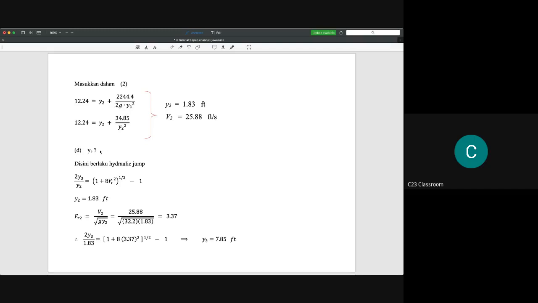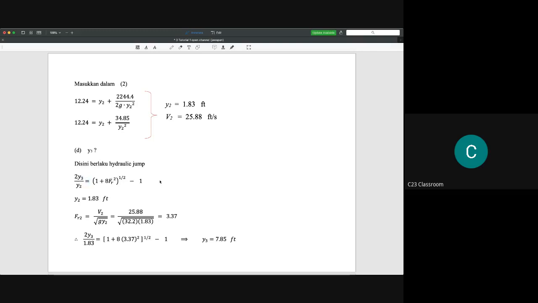So then for Y3, we know from the diagram that point number 3 is after the hydraulic jump, so we cannot directly compare with the energy equation. What we need to do first is estimate the value of Y by using this equation.